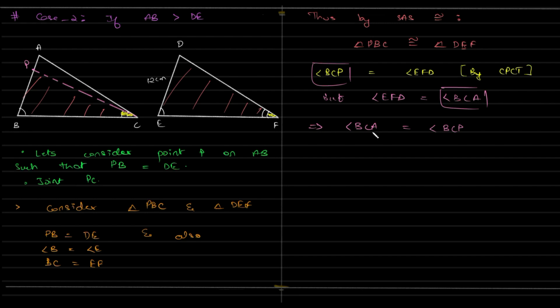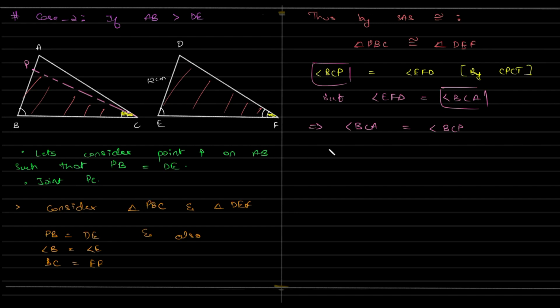Okay, so if these two are equal, what does it mean? This is possible only if A and P are one and the same. This is the confusing part. Have a look. Just have a look for a second. Okay. So this scenario is possible wherein we have BCP being equal to BCA.